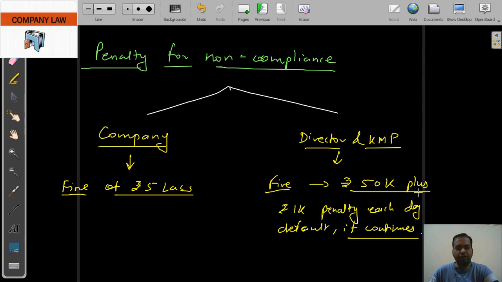There is a provision for the company secretary's duties under section 205, where the company secretary has to be appointed in a company. Then there are some functions of the company secretaries which are given under section 205.